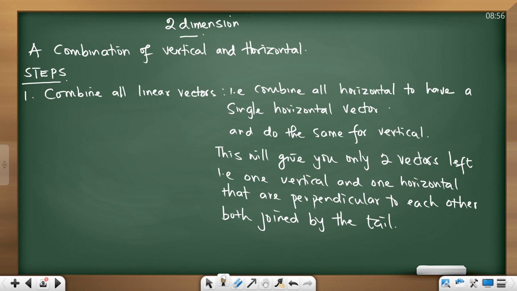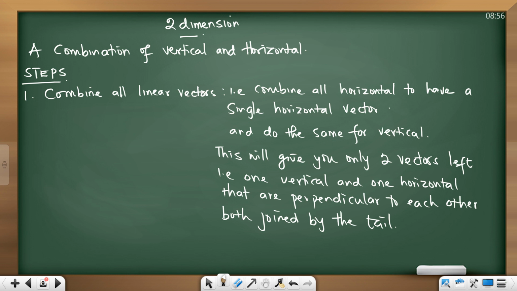We good, guys? Can we continue? Awesome. So combine all linear vectors, which means the ones that are horizontal, combine them until you have 1 horizontal.